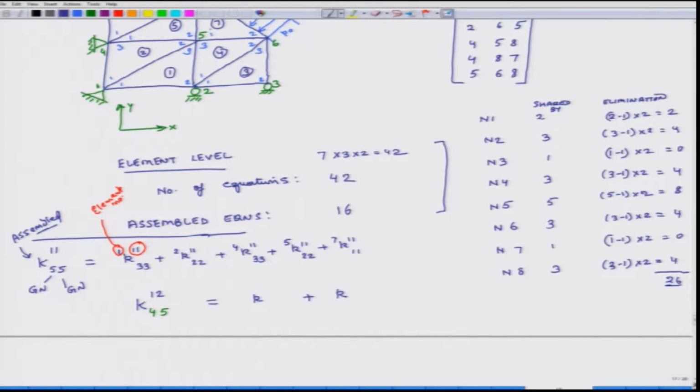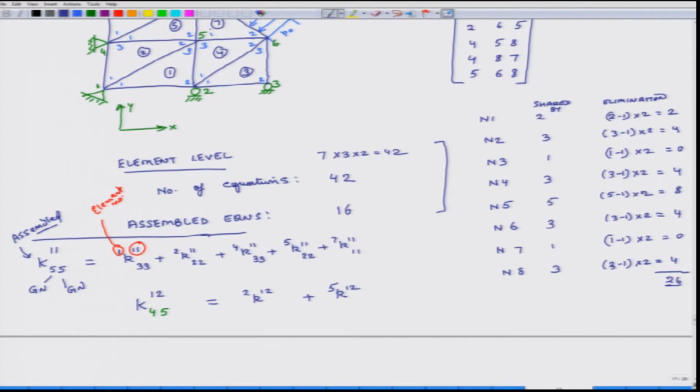right. The first component will come from which element? Element number 2. The second component will come from element number 5. What about these superscripts 1, 2? Do they change or they remain same? They remain same.